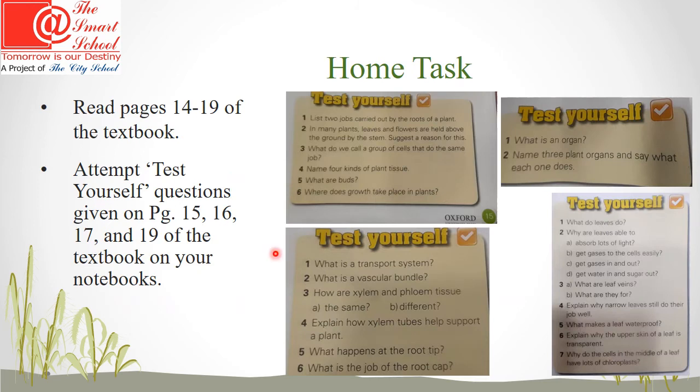Your first home task is to read pages 14 to 19 of the textbook. Then you have to attempt test yourself questions given on page 15, 16, 17 and 19 of the textbook in your notebooks. These are the questions given on these 4 pages that you have to attempt.